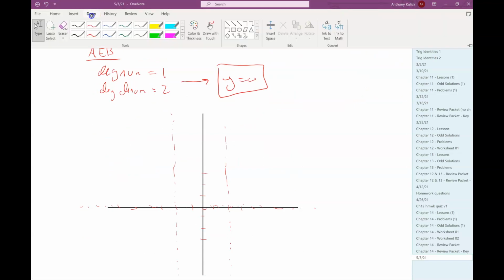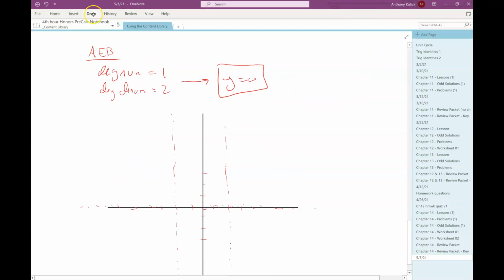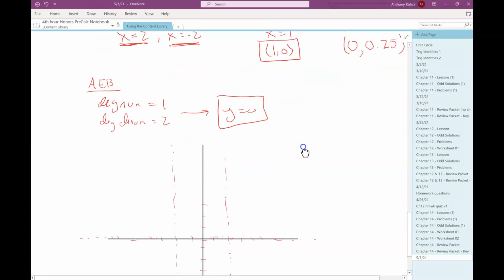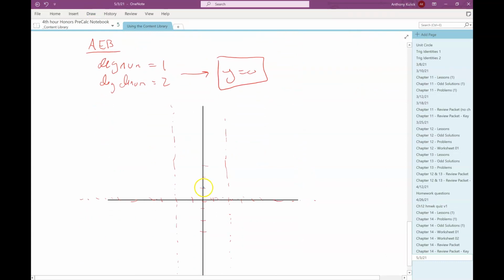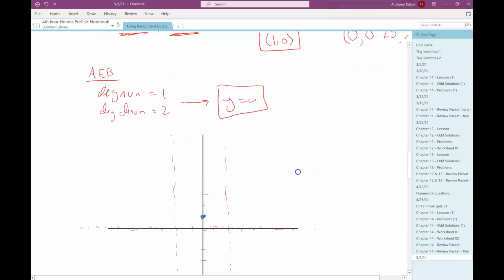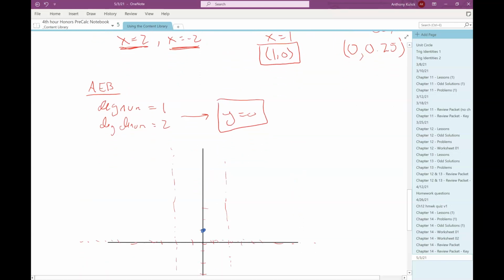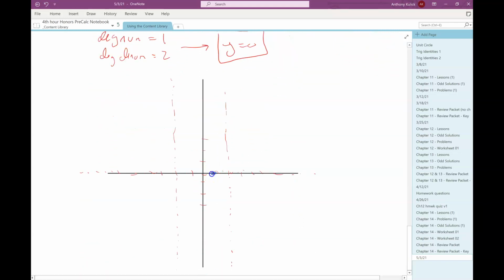So we have 1, 0. Oops, I meant 1, 0. And then 0 and 0.25.